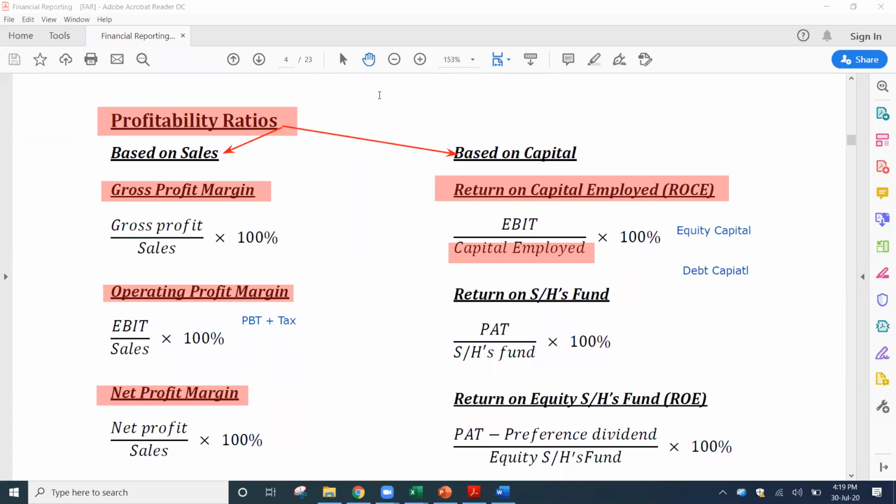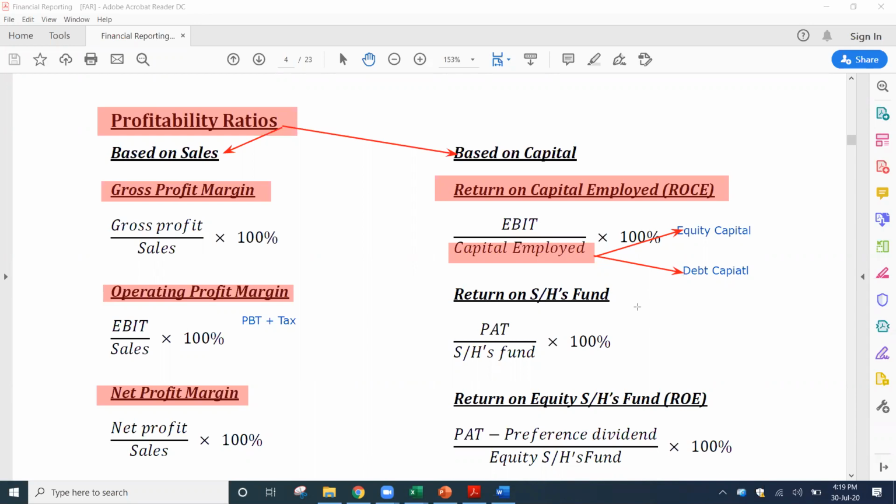Right? So we need to know what comes under equity capital and what comes under debt capital. Equity capital means mainly the ordinary shareholders' stated capital, ordinary share capital and reserves.